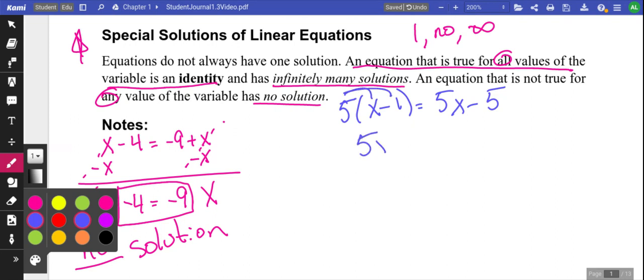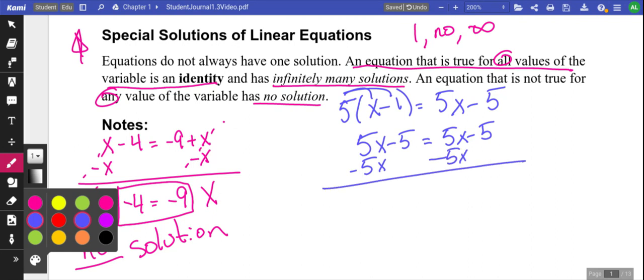We have 5x minus 5 is equal to 5x minus 5. I want to deal with my variable term first, so let me subtract 5x from both sides of my equation. 5x minus 5x cancels out. I get negative 5 is equal to negative 5.